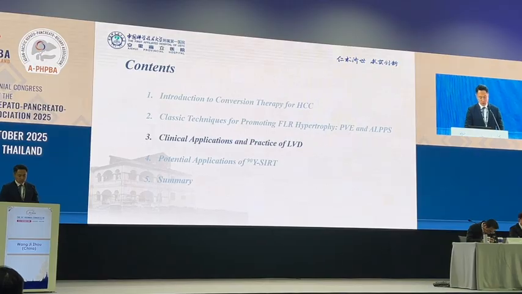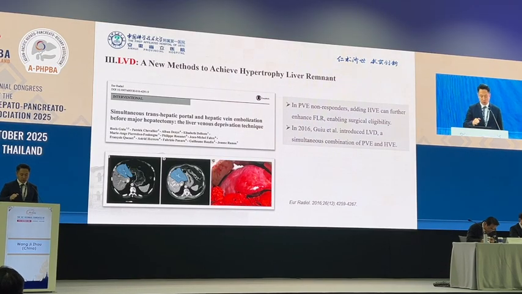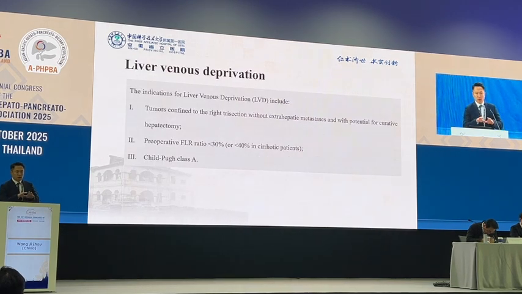Now let's talk about the LVD. In PVE non-responders, adding hepatic vein embolization can further increase the FLR. So when we do PVE and hepatic vein embolization at the same time, we call it LVD.